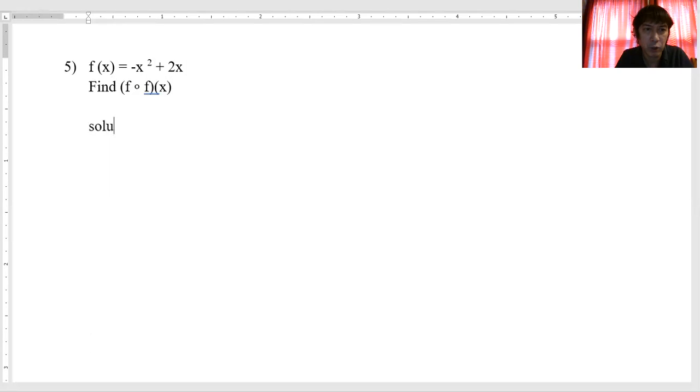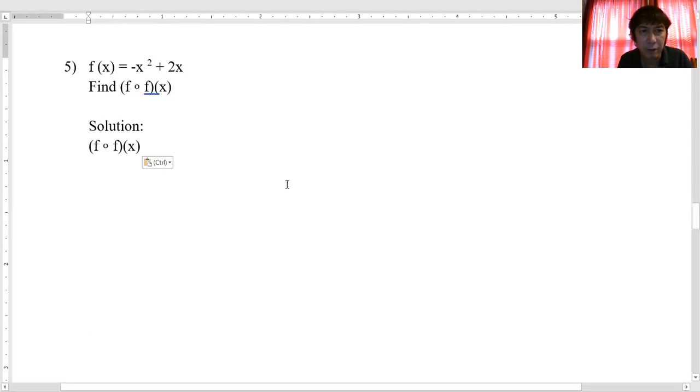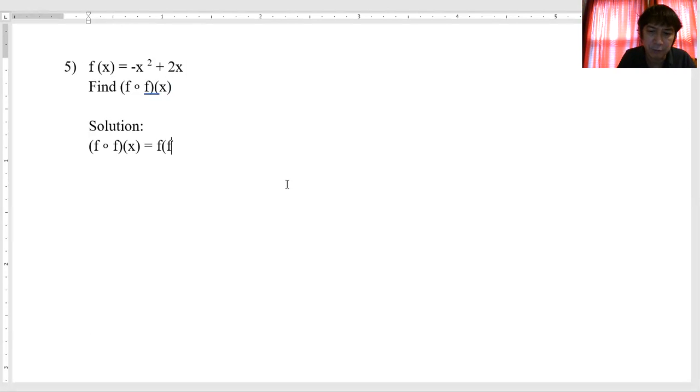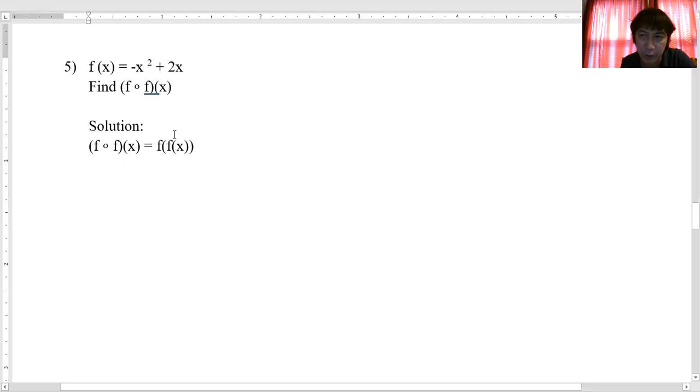This will be the solution. And then we start with f of x. This is equal to f of x. There. Again, remember, those parentheses don't mean multiply, okay? In this particular notation, this is a placeholder.